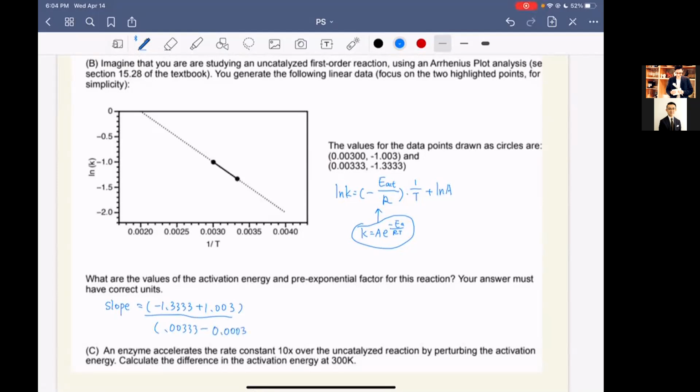Oops. That's going to give you negative 1,000. That equals our slope, which is negative activation energy over the gas constant. If you multiply by the gas constant, about 8.31, you'll see that the activation energy is 8.31 kilojoules per mole.